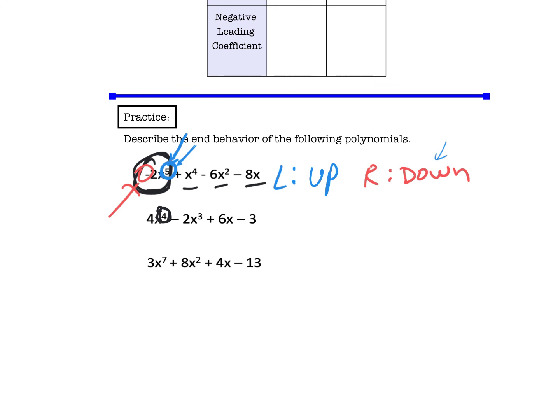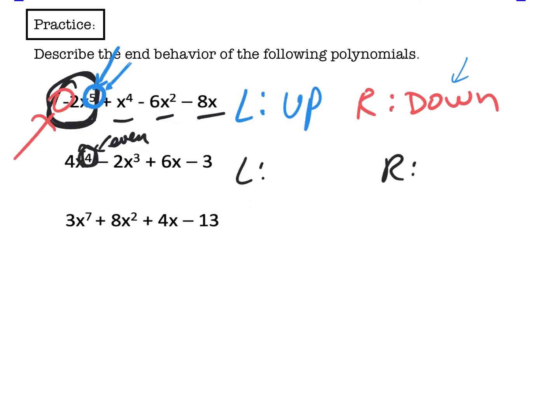But anyway, my point is that if this is even, then both the right and the left will be the same. But which are they? Are they both down or are they both up? You can tell. Quinn, what do you think? Are they both down or are they both up for this one?